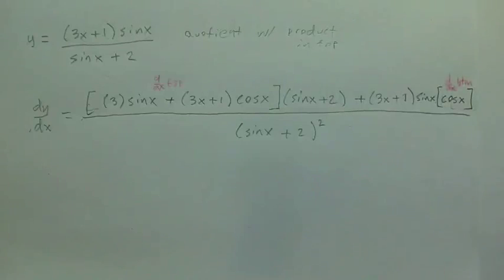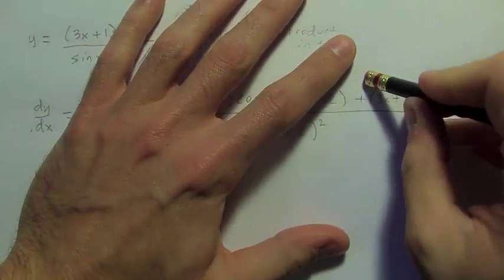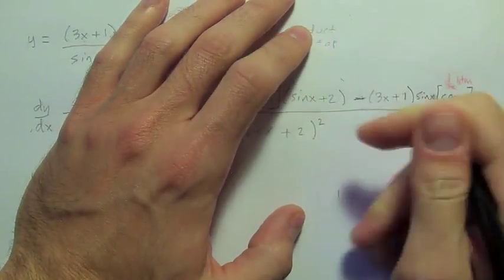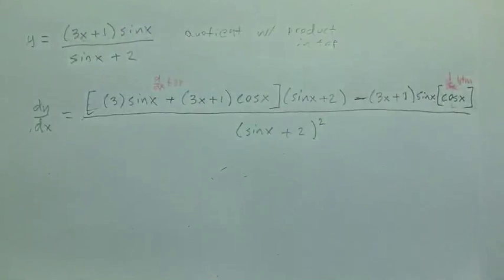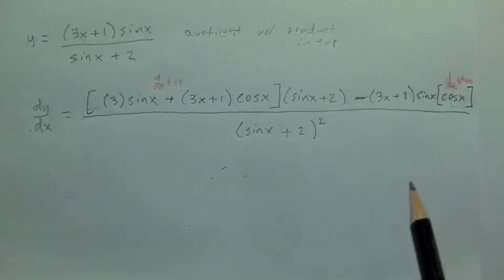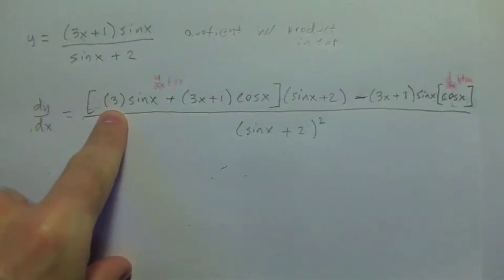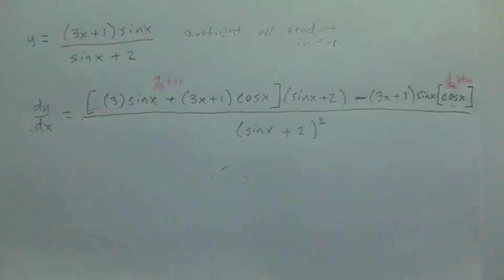And I made a mistake here. This is supposed to be a minus sign. Sorry about that. It's a minus. And honestly, I would pretty much just leave it like this. I think the only real thing you could do to simplify that would be to drop the parentheses on this 3 here. And I wouldn't simplify that any further.